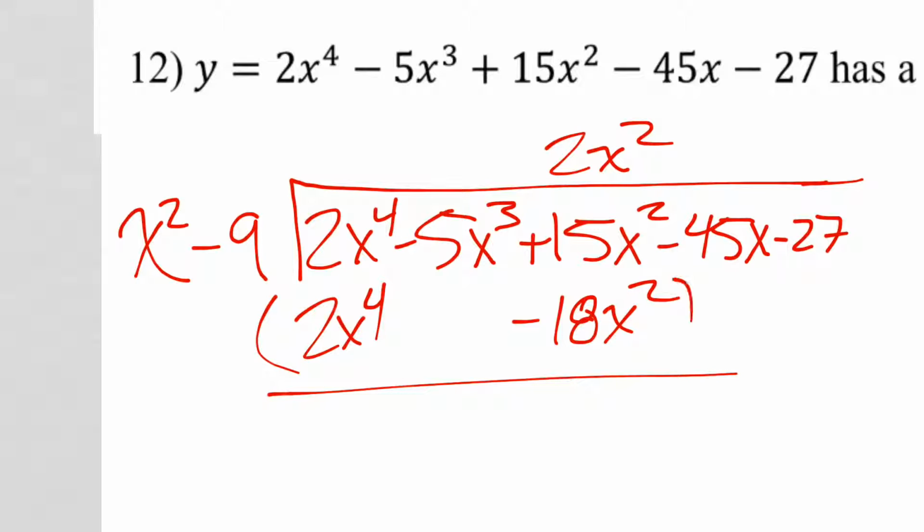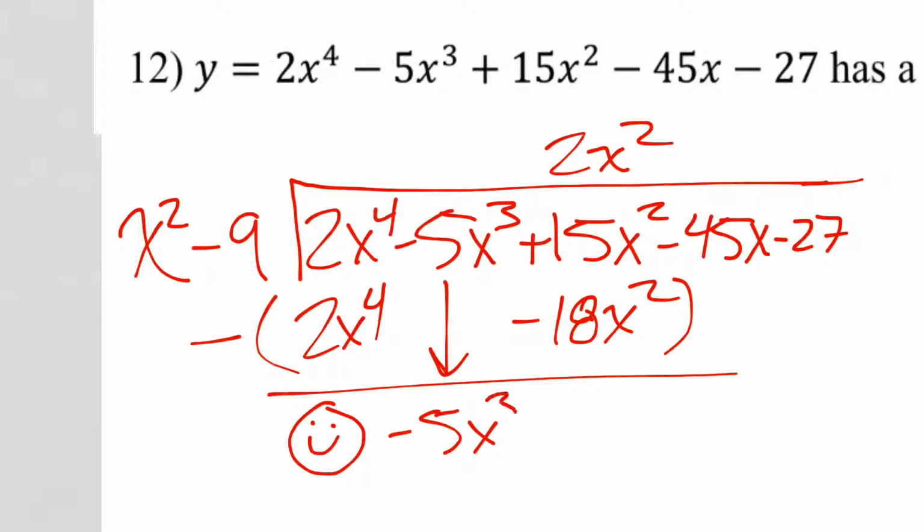And then we get that awkward space in the middle where we know that dude's going to come down and we're subtracting everything. So we say 2x to the fourth minus 2x to the fourth is happy face, 0. And we say negative 5x cubed minus 0x cubed is just negative 5x cubed. That dude just came down for the ride.